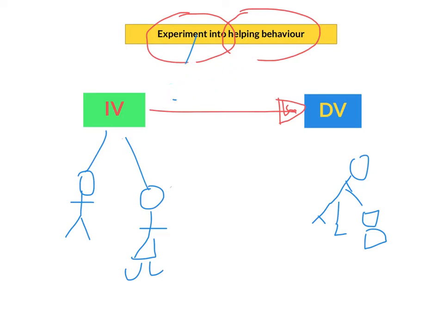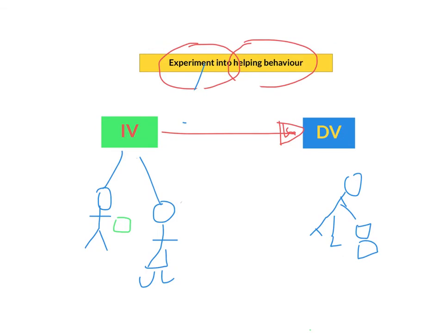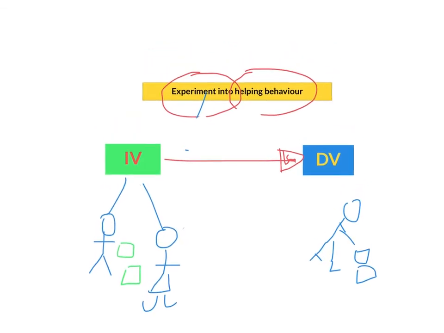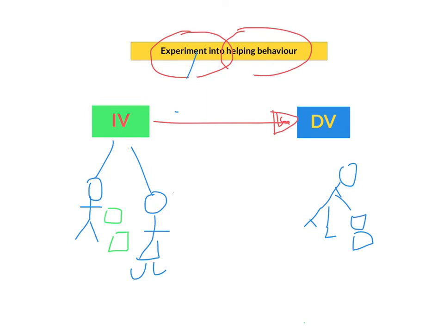So what we could do is have the male drop some books, if I can make that work for me on a drawing, and the female drop some books. I'm not sure why it's going the way it's going, but it's wibbling around. So we could have that, and that really is such a poor picture.